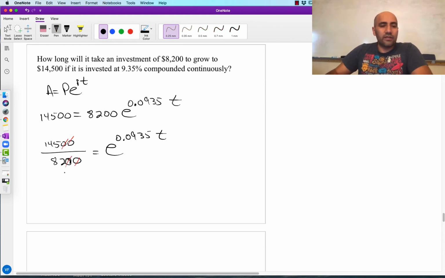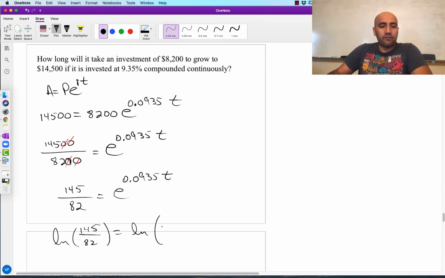I wouldn't convert it into a decimal, because then we already have a problem with rounding, so let's just leave it alone. So this equals e to the 0.0935 T. We're going to take the ln of both sides, so ln of 145 over 82 equals ln of e to the 0.0935 T. These are inverse operations.